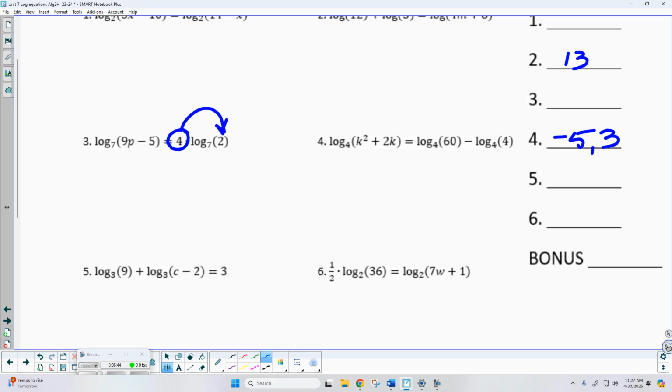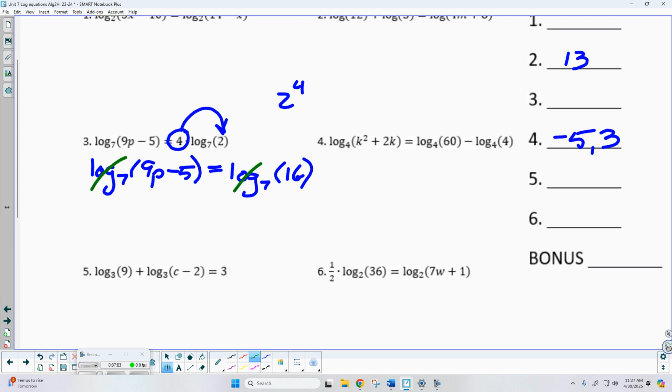So this is going to be log base 7 of 9p minus 5 is equal to log base 7. If this becomes 2 to the 4th power, that means that argument is now 16. So now we don't have any coefficients. It's log equals log, I cancel those out.